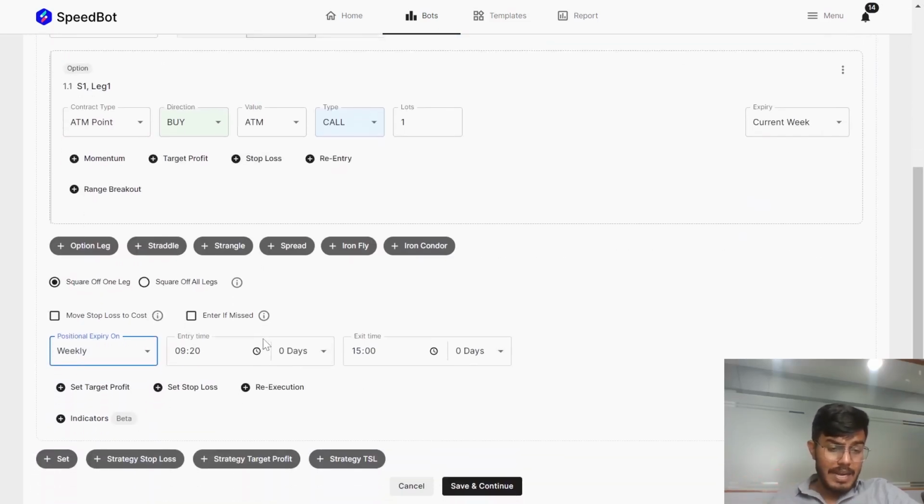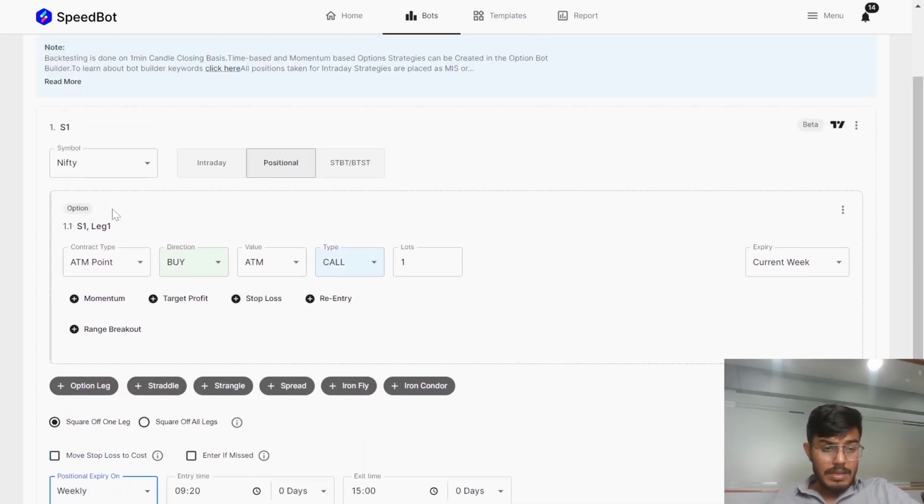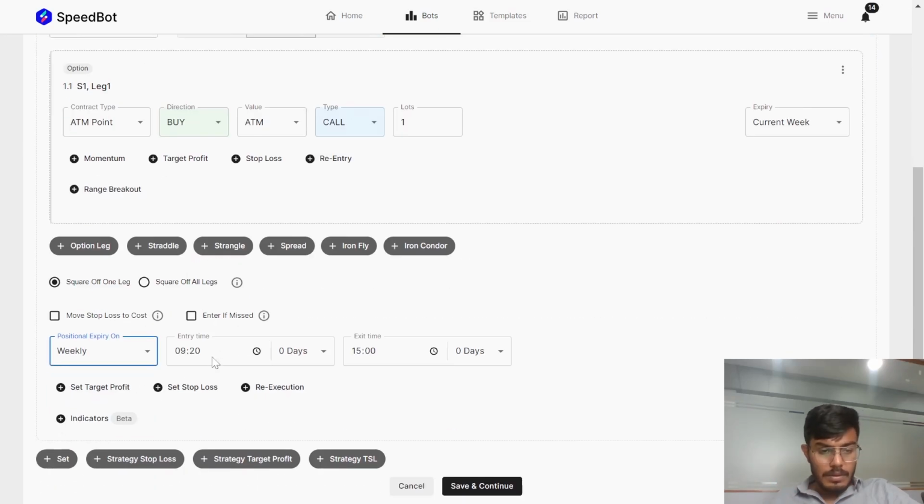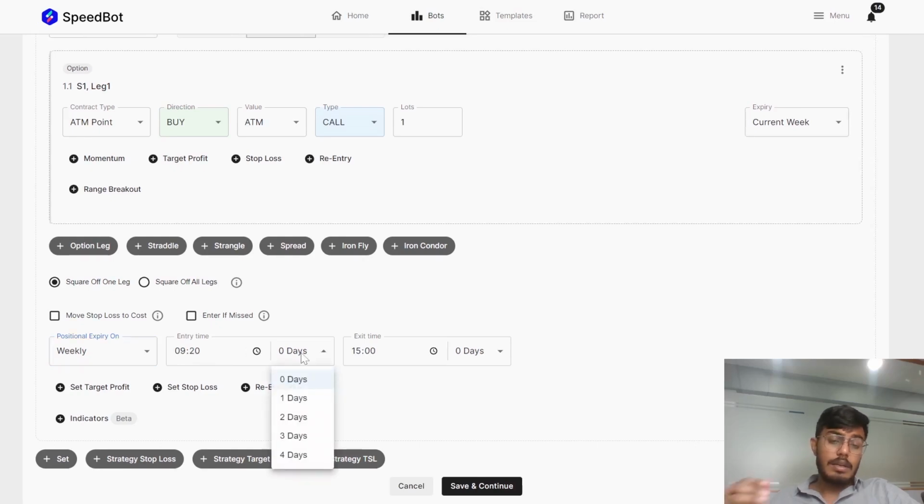So let us take an example of the current week expiry that we want to trade. So today is Friday, and the symbol that I have selected is Nifty. So at somewhere around 9:20, I'll be entering, but today is Friday, and usually the expiry of Nifty is around Thursdays most of the time.